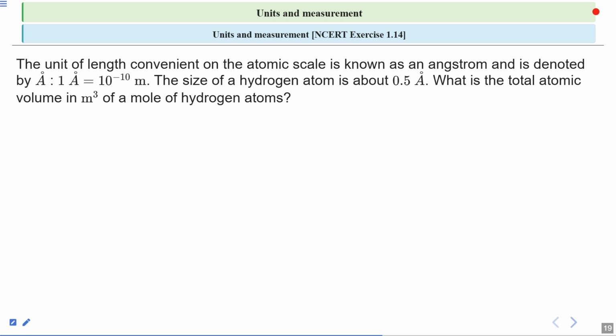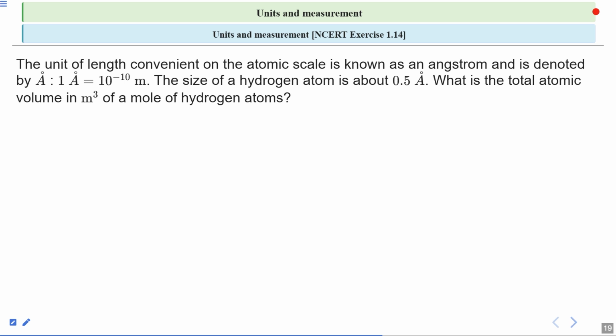In the question they have introduced a new unit of length, which is angstrom, and angstrom is 10 raised to minus 10 meter. Angstrom is used to measure the size of atoms and molecules. They have said that the size of a hydrogen atom is 0.5 angstrom.